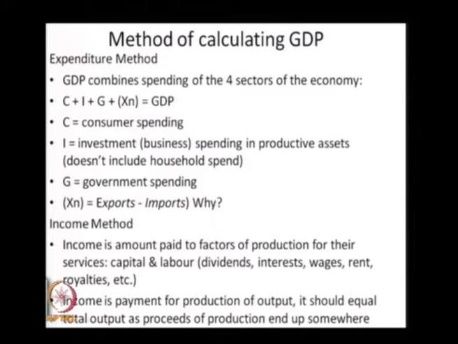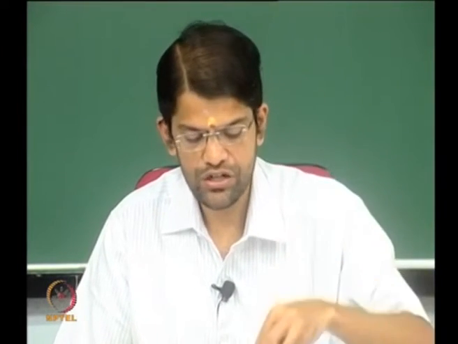So, we need to deduct the imports, and likewise add exports. Suppose our goods and services are purchased by somebody outside the country, that needs to be added, and the net of exports and imports together with consumer spending, investment and government spending actually constitutes the GDP.